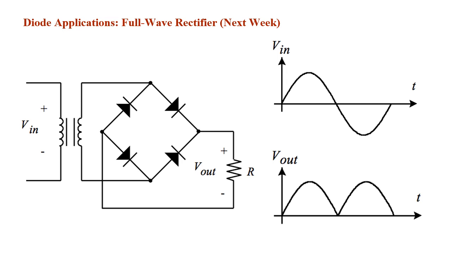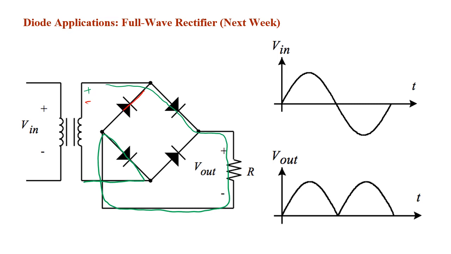When the input is positive, then current will flow in this direction first, and then through the resistor, and then it will go back to this diode and then back to the input, and so on. And during the negative cycle, or the negative half of the input, then current will flow through.